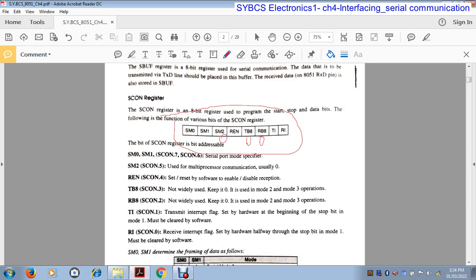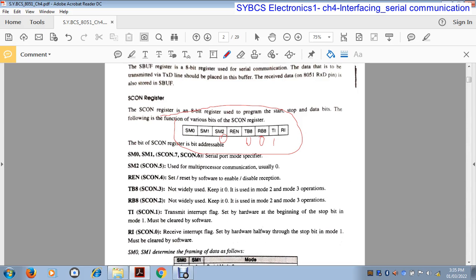Then TI and RI. TI means the transmit interrupt flag and RI means the receive interrupt flag. TI is set by hardware at the beginning of the stop bit, and must be cleared by software. This bit becomes 1 when all the information is transmitted successfully.